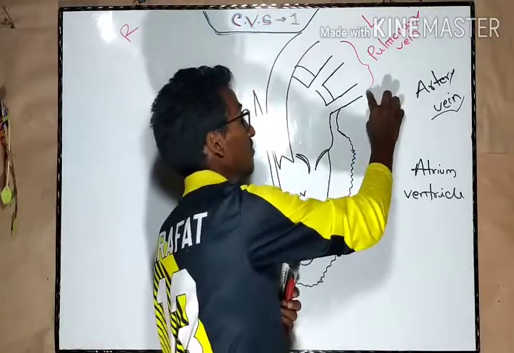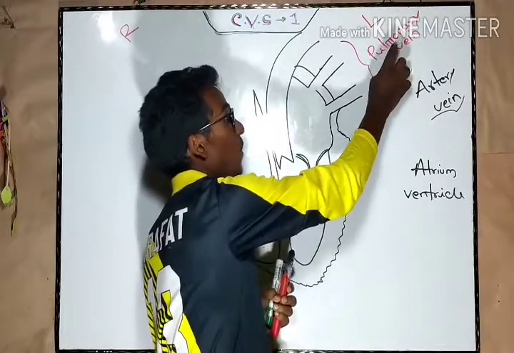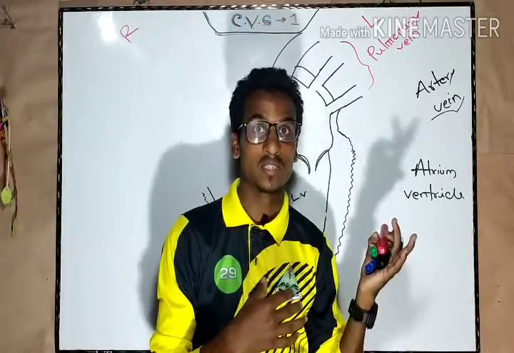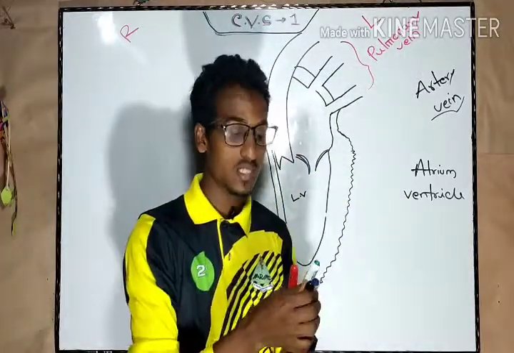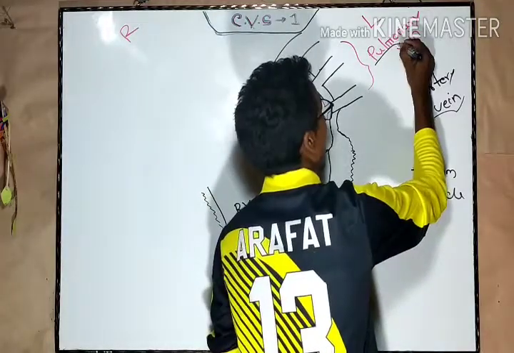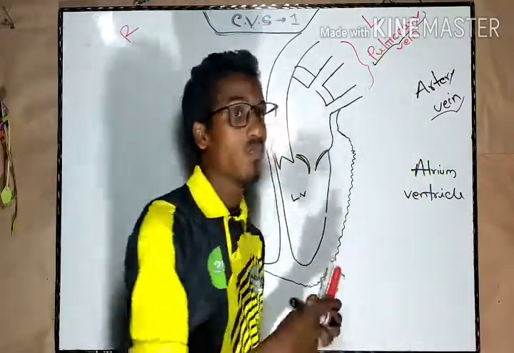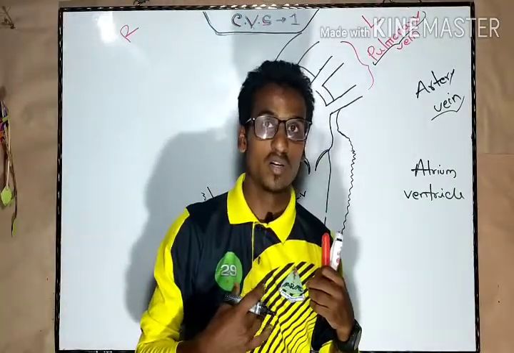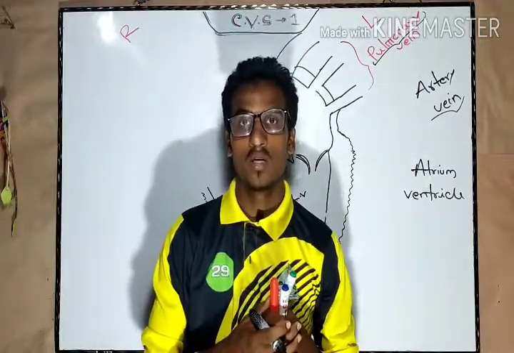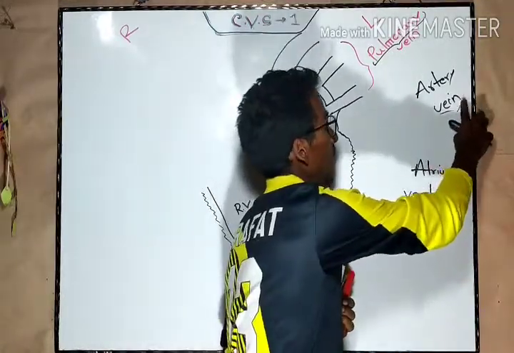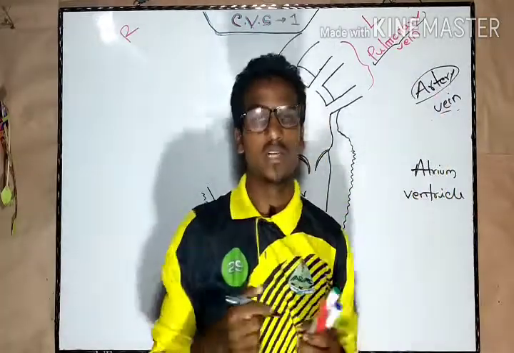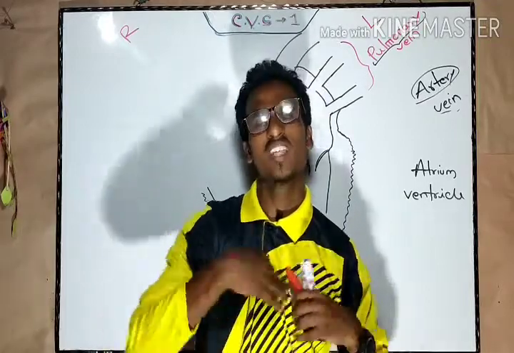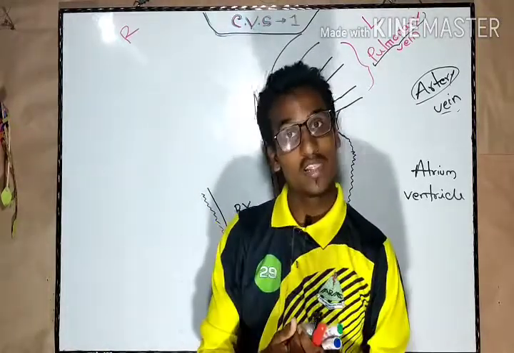So this vessel is called the pulmonary vein because it carries the blood from the lungs. Here pulmonary is related to lungs in Latin. So it carries the blood from the lungs to the heart, and it is called the pulmonary vein. In case of an artery, the blood vessels carry the blood away from the heart to the other parts of the body. So this is called the artery.